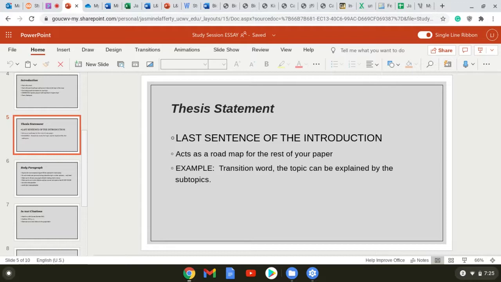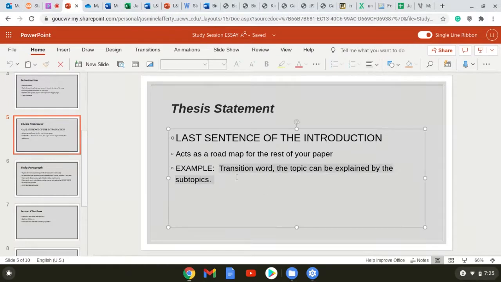If the sentence that you want to be your thesis statement is not the last sentence of your introduction, then it is not actually your thesis statement. Your thesis statement is the last sentence of your introduction, and it acts as a roadmap for the rest of your paper.